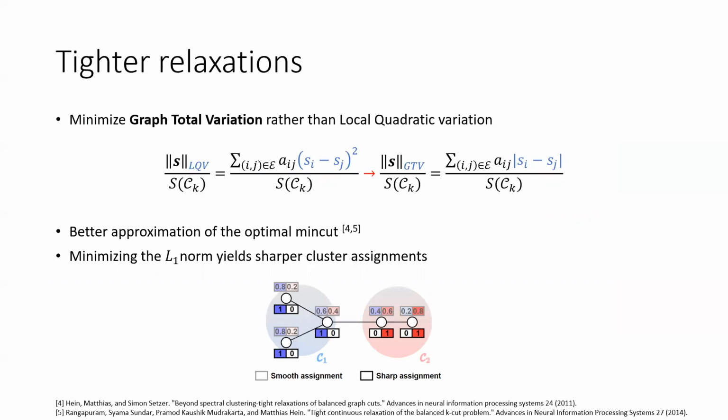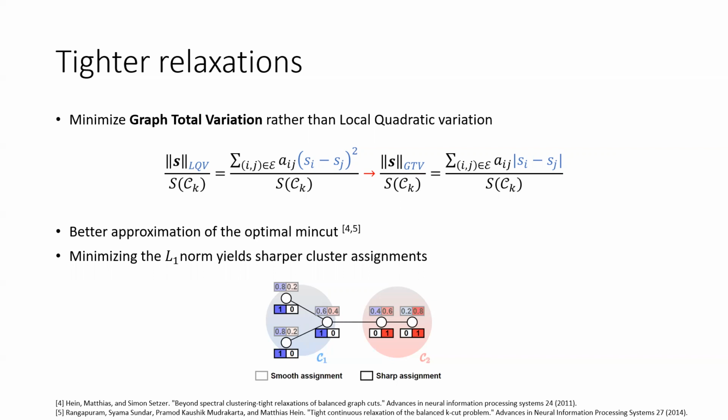This relaxation is tighter in the sense that it gives a better approximation of the optimal minimum cut. Importantly, since the graph total variation involves the minimization of an L1 norm, the soft cluster assignments that one obtains are much sharper.